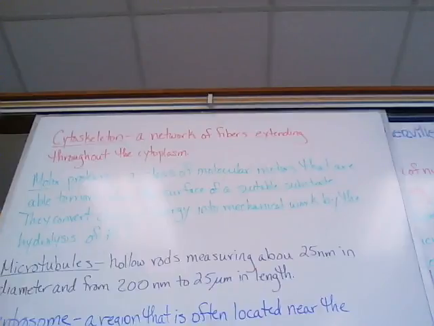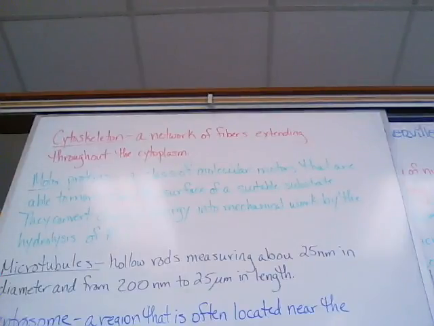The next structure is the microfilaments, which are also the actin filaments. The structure is 2 intertwined strands of actin, each a polymer of actin subunits. Its size is about 7 nanometers in diameter.